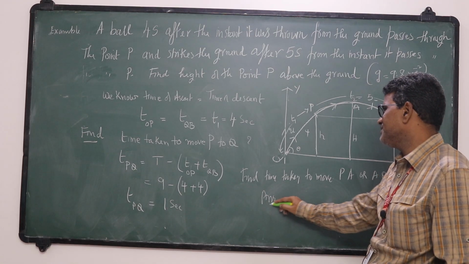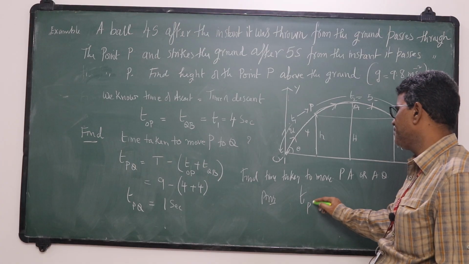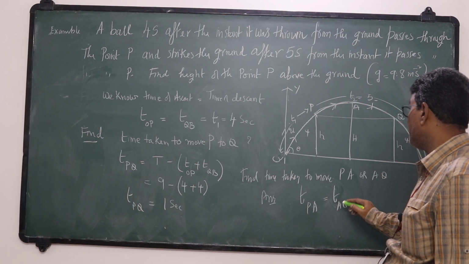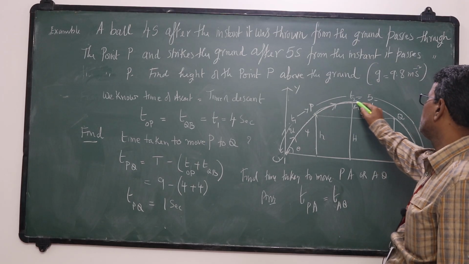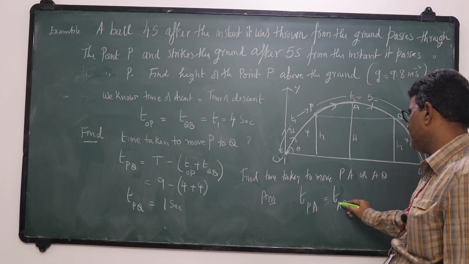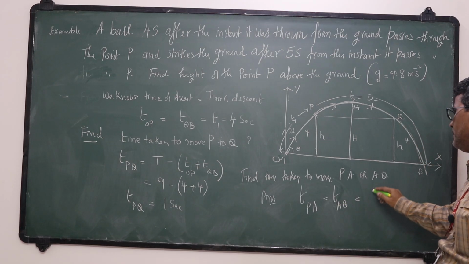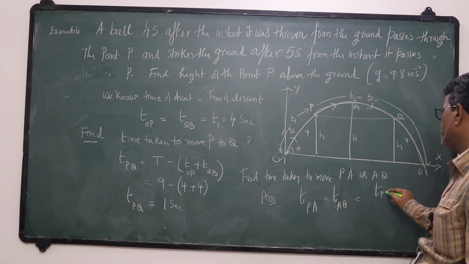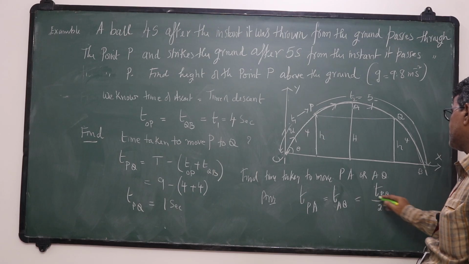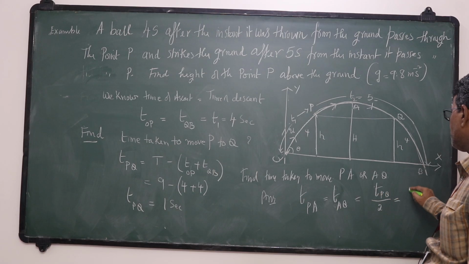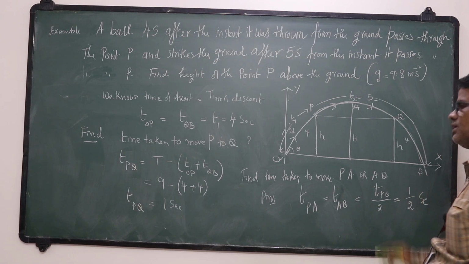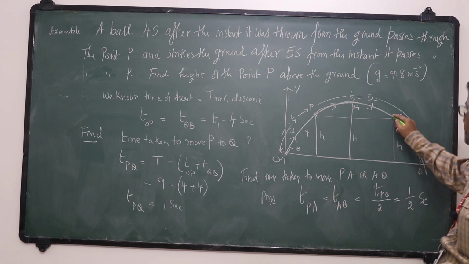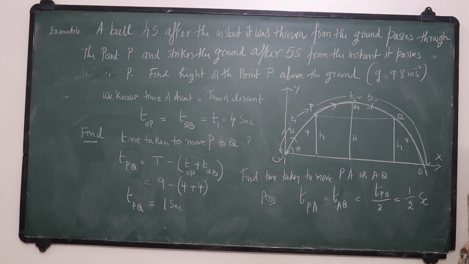The time taken to move P to A is equal to the time taken to move A to Q, that is, time of ascent is equal to time of descent. That is equal to half of the time to go from P to Q. The time taken to go P to Q is 1 second, so half is 1 by 2 seconds. So this is the answer: the time taken to move P to A and A to Q is 1 by 2 seconds.